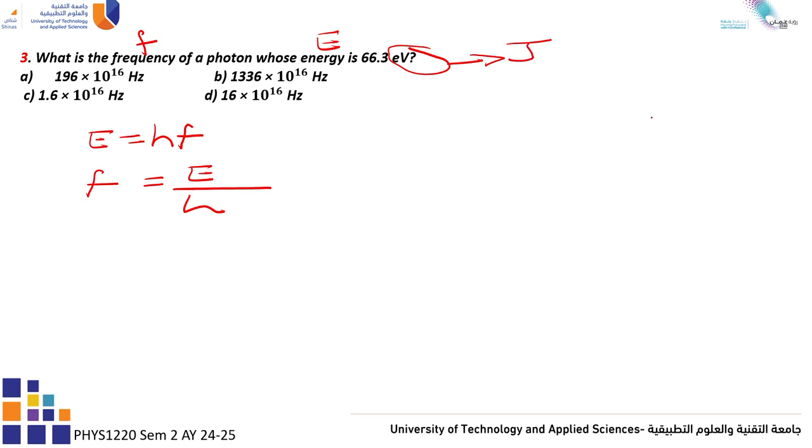So here this unit we must change to joule. I will tell you the relation between the electron volt and the joule.